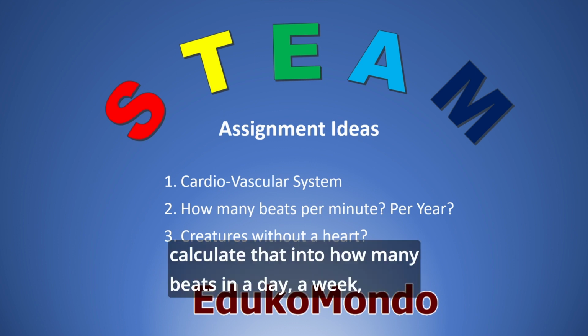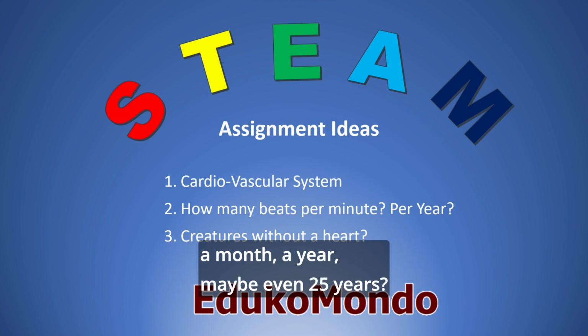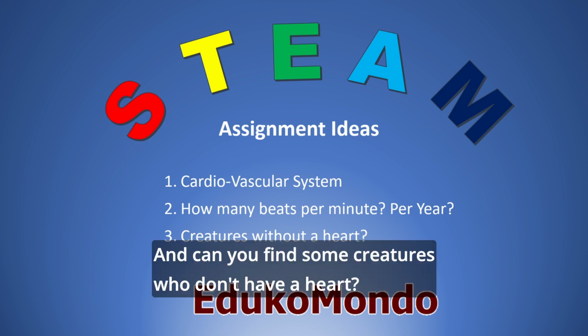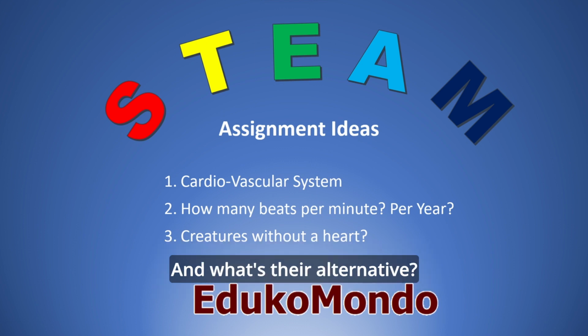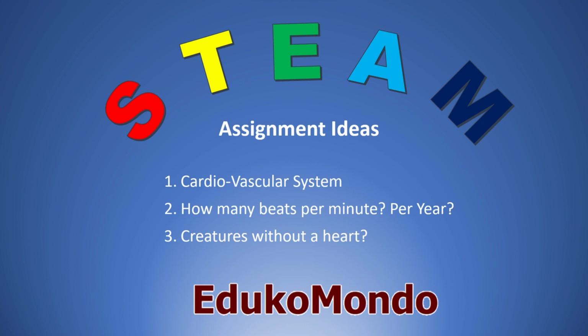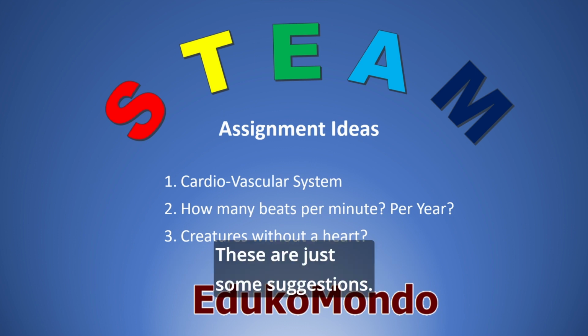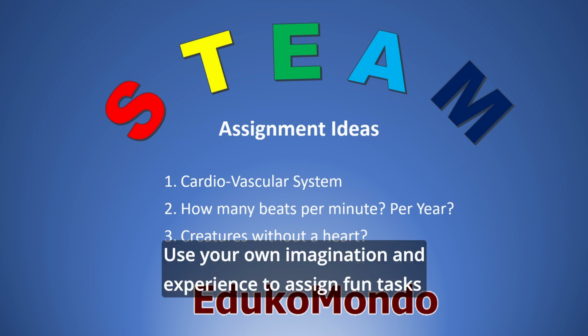And calculate that into how many beats in a day, a week, a month, a year, maybe even 25 years. And can you find some creatures who don't have a heart? And what's their alternative? These are just some suggestions. Use your own imagination and experience to assign fun tasks to your class.